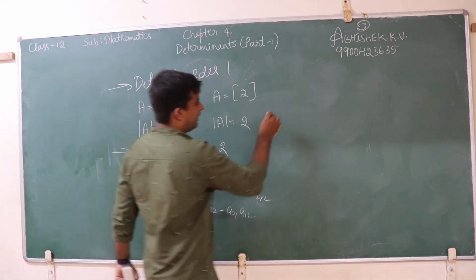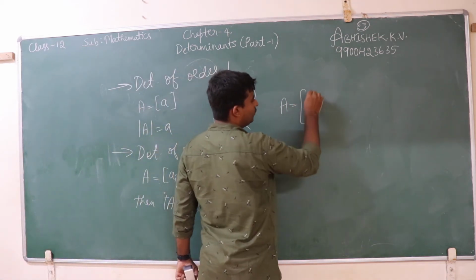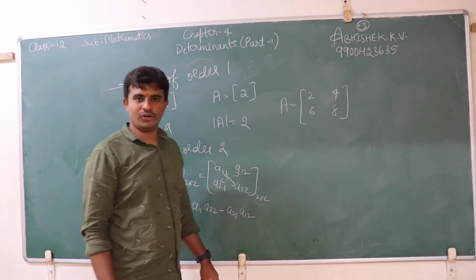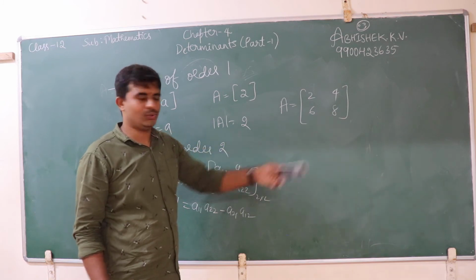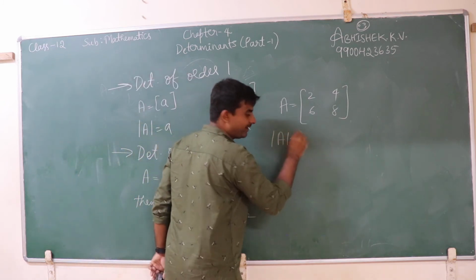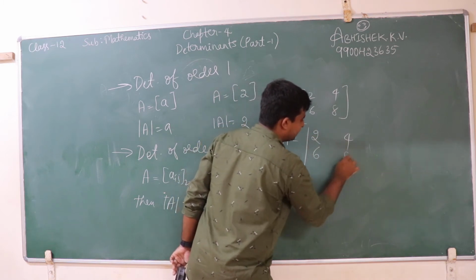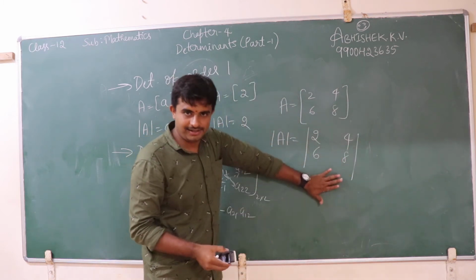For example, if I consider this matrix A is equal to 2, 4, 6, 8, this is a matrix of order 2 by 2. What is the determinant of this matrix? The determinant of the matrix is represented like this.